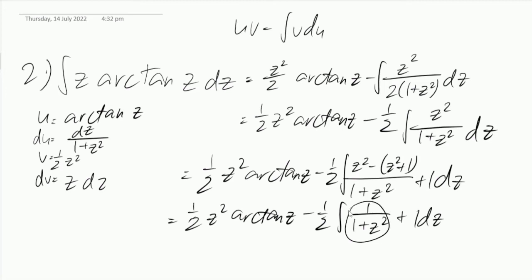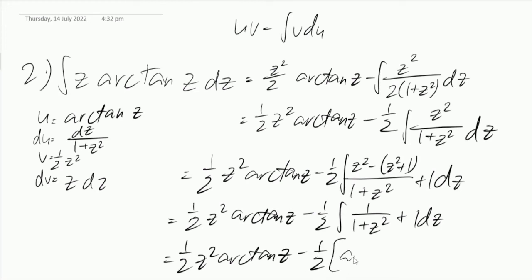This will become arctan z, same as this, as you can see here, and then this will become just z. Arctan z plus z plus c. This is the final answer.